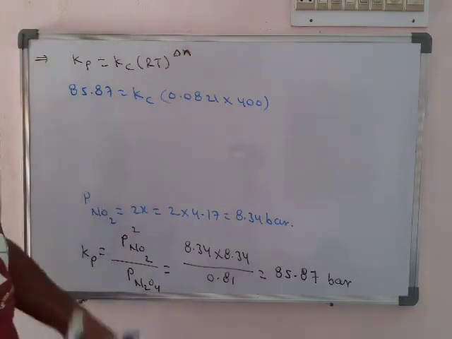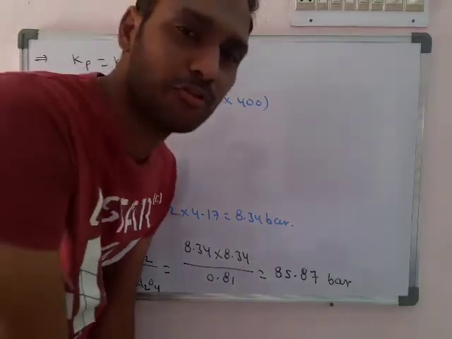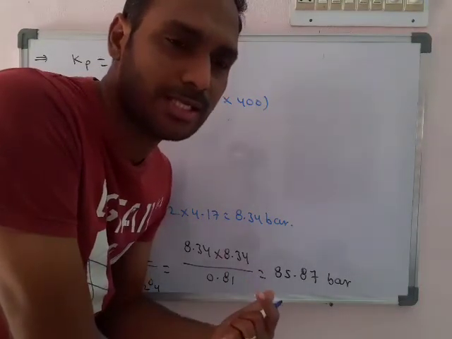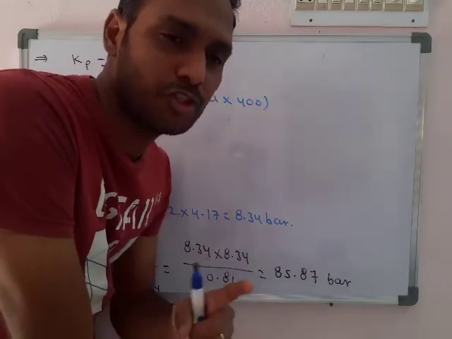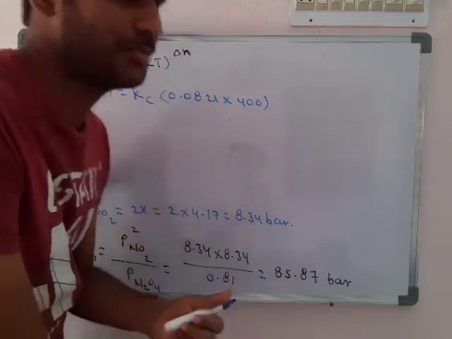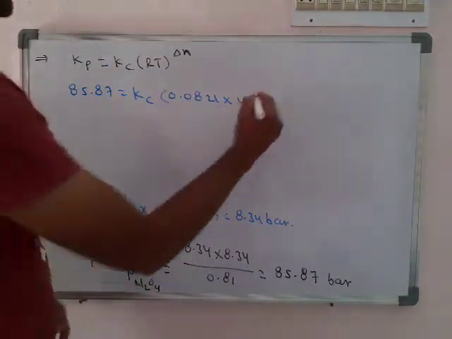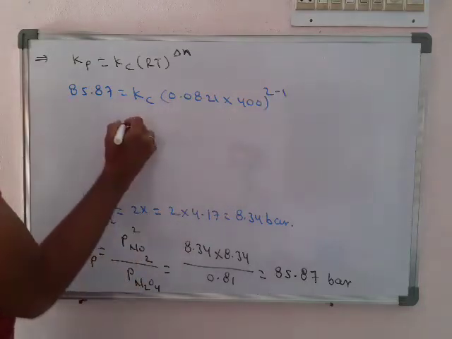Delta n is the change in the number of moles of products and reactants which are present in gaseous states. Here it is 2 minus 1, so delta n is 1.